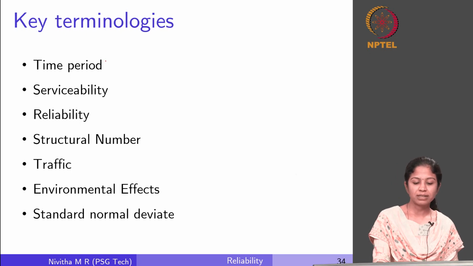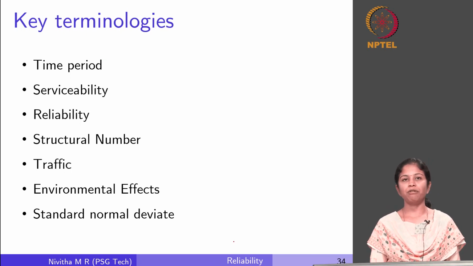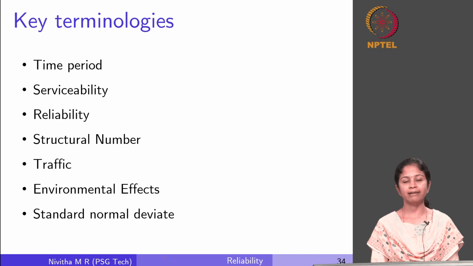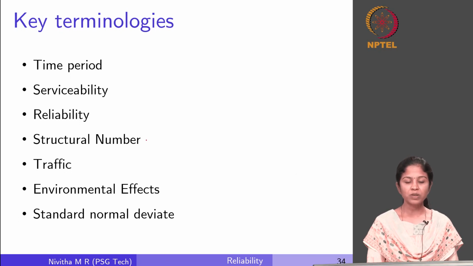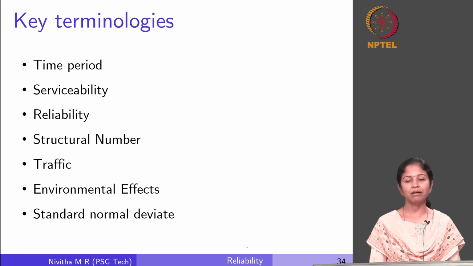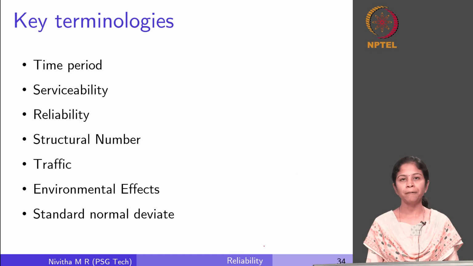So, we are going to discuss the time period, saying what is performance period, analysis period and so on, what is serviceability, how it is taken into account, what is reliability from AASHTO 1993 perspective, how is structural number quantified, traffic, most of these in terms of EALF and truck factor you should have seen earlier.